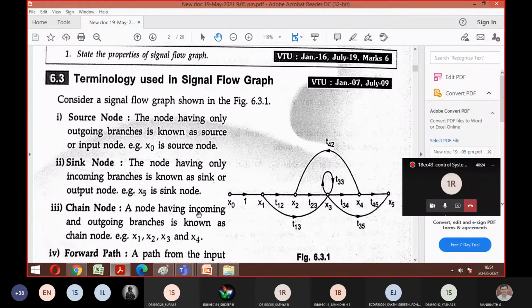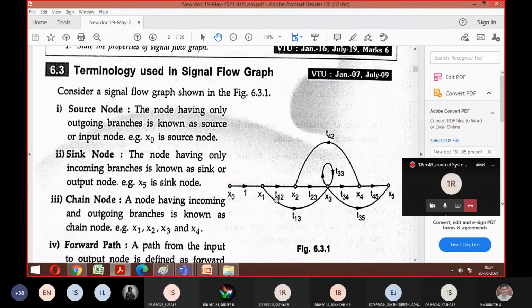Now if you find any node which has both incoming and outgoing, such nodes are called chain nodes. Why is it called chain? Chain holds both ends, right? Likewise, it has incoming also and outgoing also. So see this diagram and tell me where are the incoming and outgoing branches.